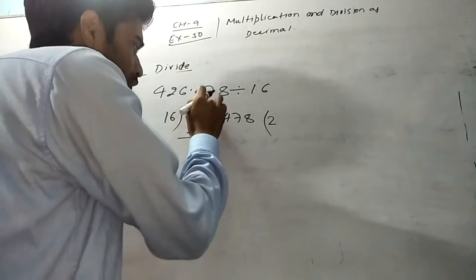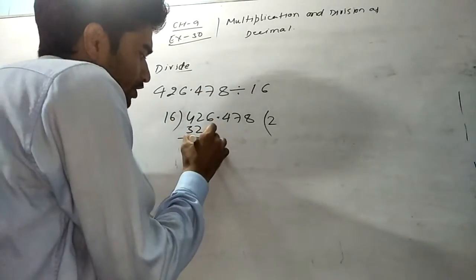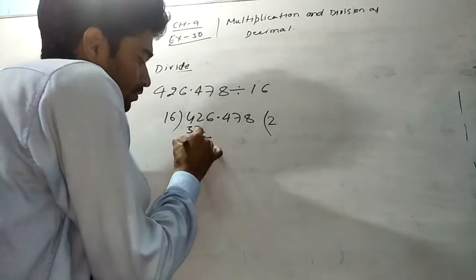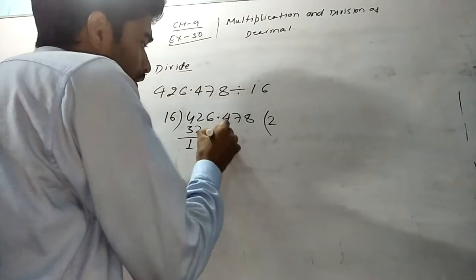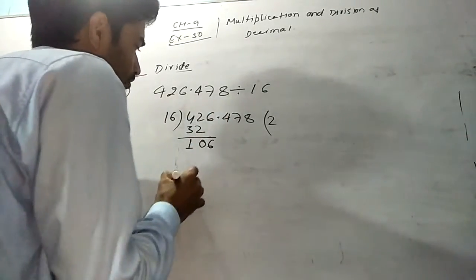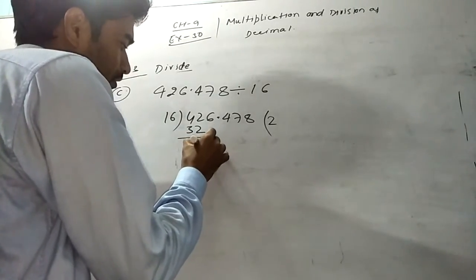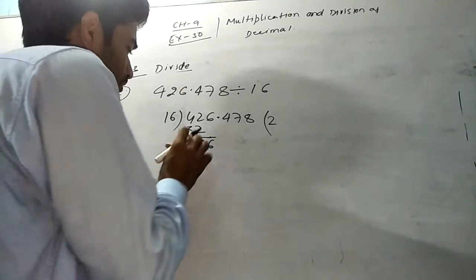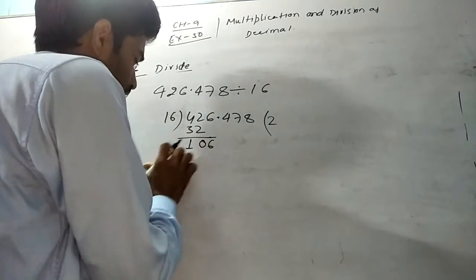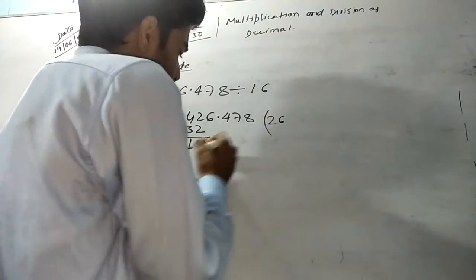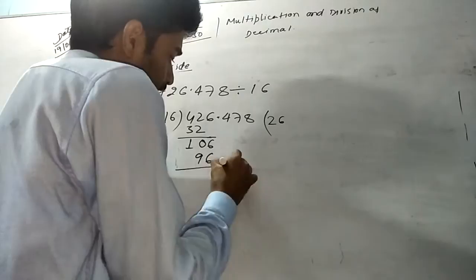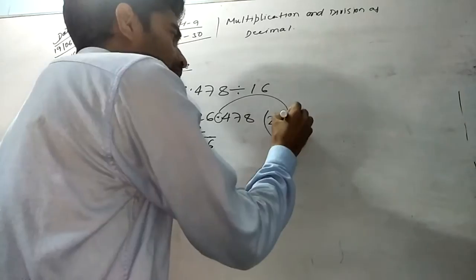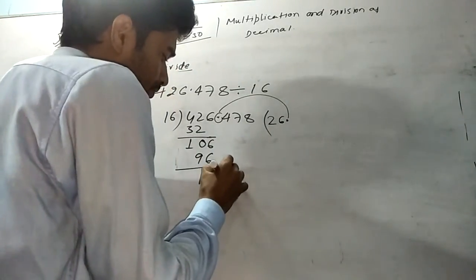Subtract 2 from 2, it is 0, and 3 subtracted from 4 is 1. So put here 6. 16 sixes are 96, and this is 0, this is 1, and the decimal is removed from here, this is 4.